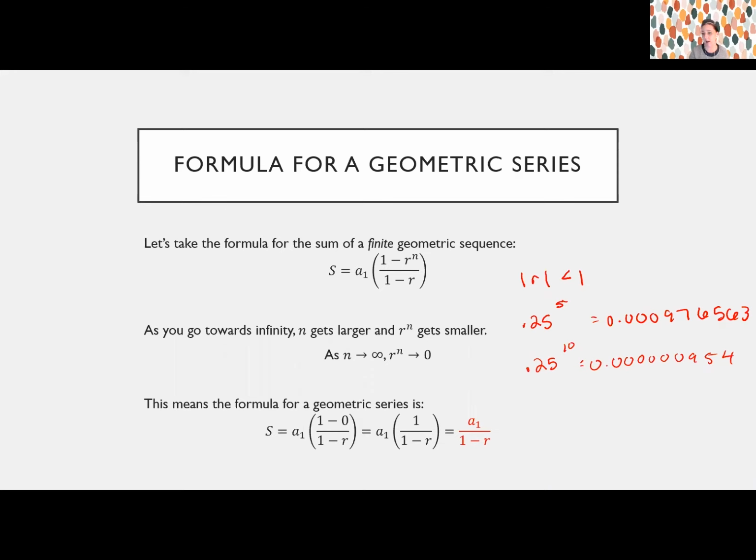It's just the top 1 minus R to the N basically disappears because of what happens when N gets really big, that R to the N gets small. So are there questions on how we get this formula from our finite geometric sequence formula?